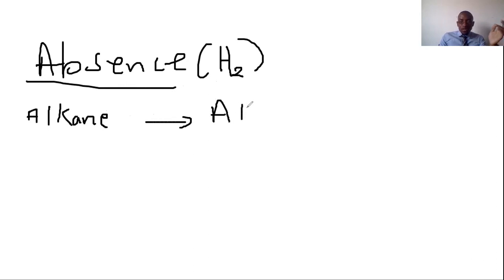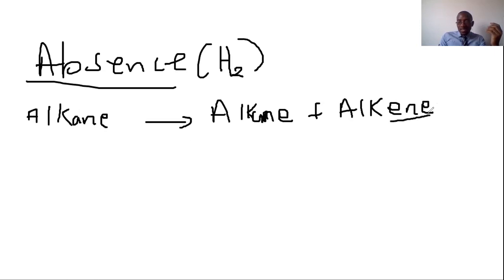You produce an alkane plus a different homologous compound known as an alkene. So there is a difference. Alkane, alkene. Let's look at an example. Let's use C4H10.